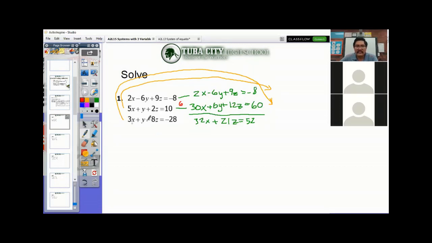But I am going to need one of these to become negative, though. And I think I'm going to try to make this bottom one negative. And sometimes, again, if you plan ahead, you can make things a little bit easier on yourself.